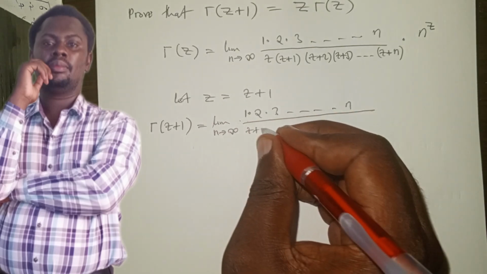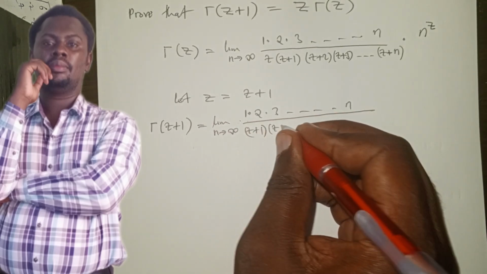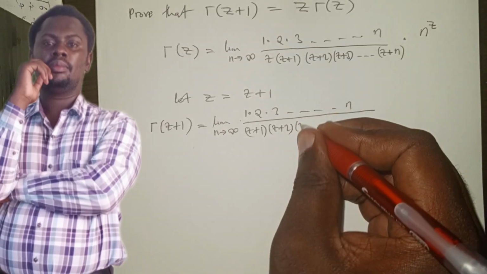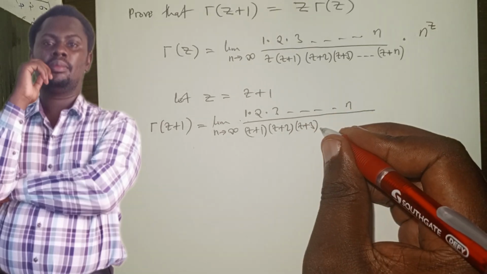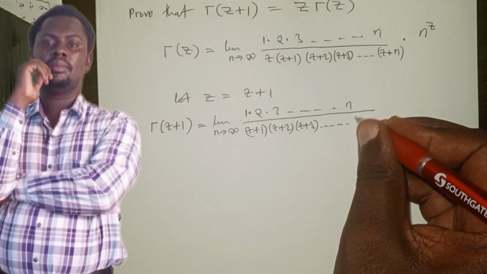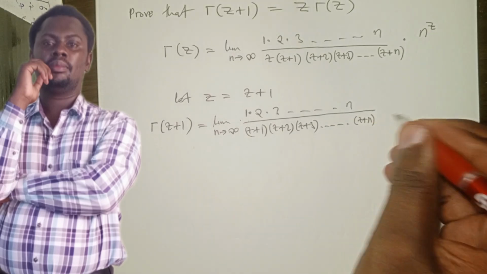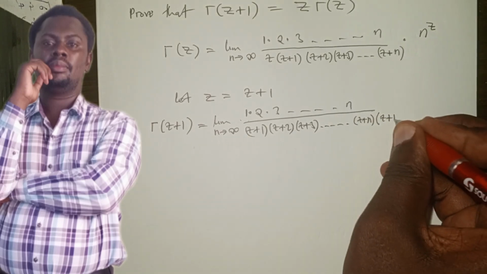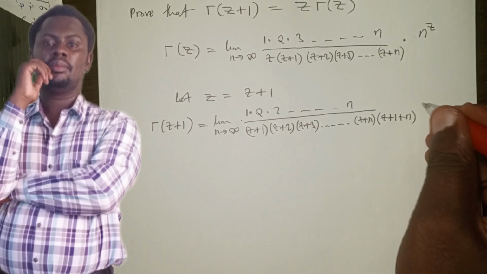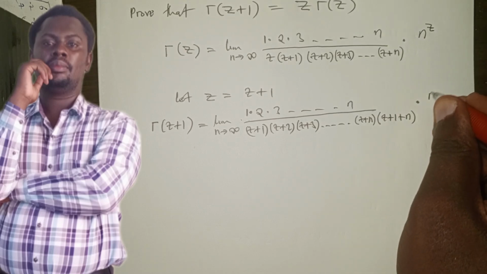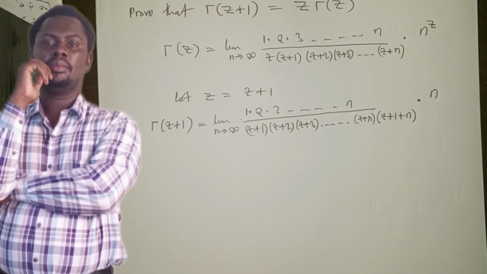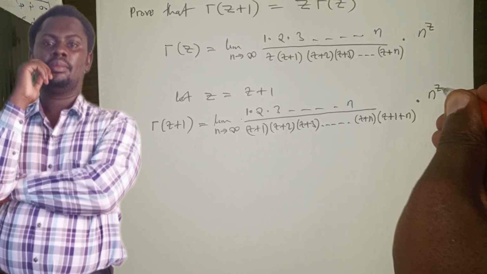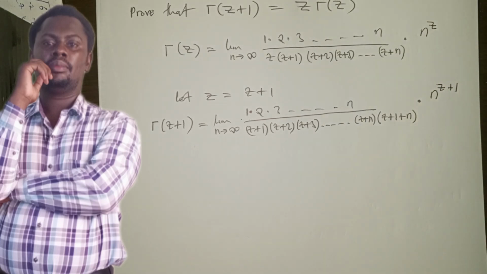So we have gamma of z plus 1 is equal to the limit as n approaches infinity of the product of 1, 2, 3 up to n over z plus 1, z plus 2, z plus 3, up to z plus n, then multiplied by z plus 1 plus n. This is multiplied by n to the power z plus 1. So that is gamma of z plus 1.